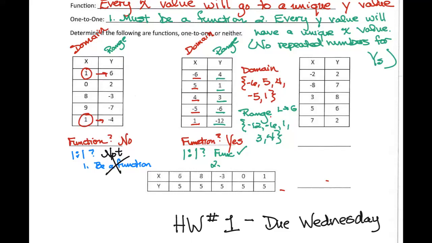Are any of those repeats? No. So that means no repeats, which is a good thing. So yes, this is also one-to-one. So yes, it's one-to-one, and yes, it is a function. Okay?